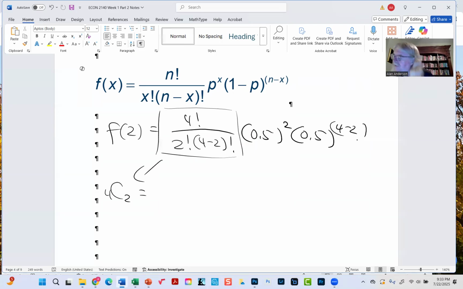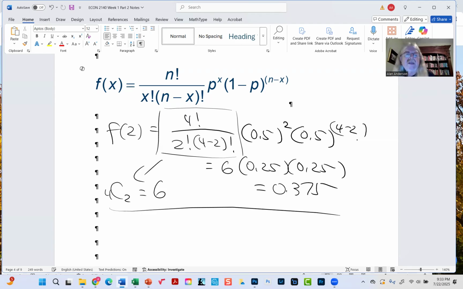It turns out to be 6. So we're going to have 6 times 0.25 times 0.25. And we end up with 0.375.